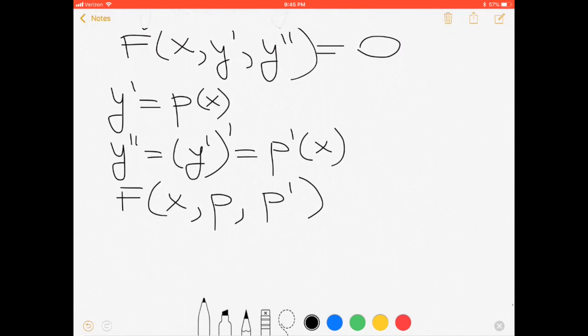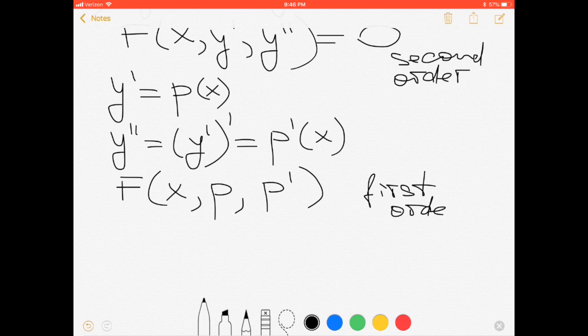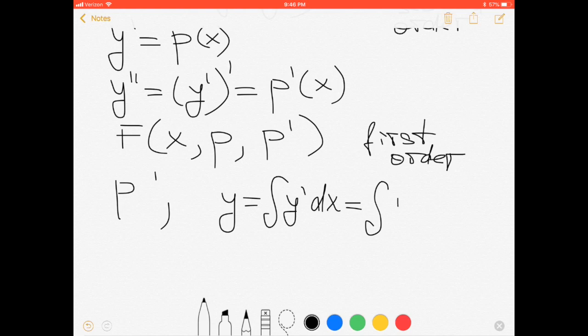This means if before we had a second order differential equation, now you have a first order differential equation. After solving and finding p, you remember p is the first derivative of y, and y will be the integral of y prime dx, or in our situation, p dx.